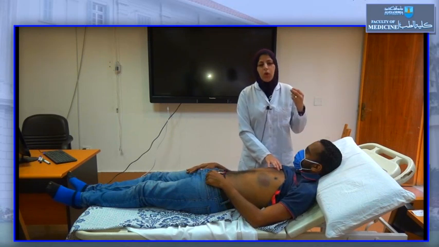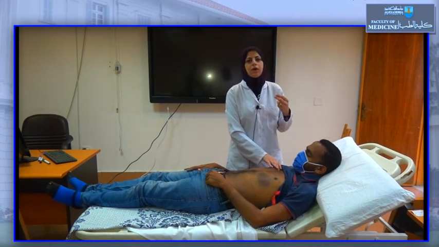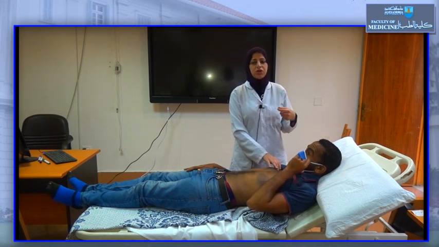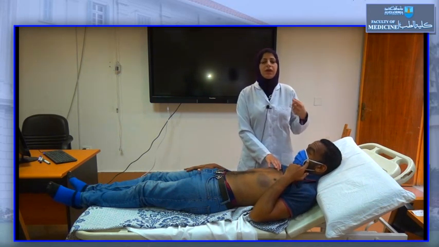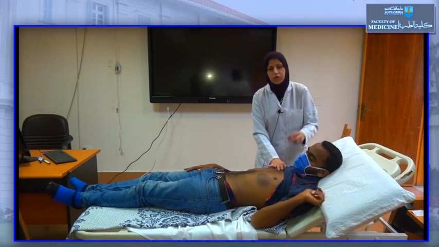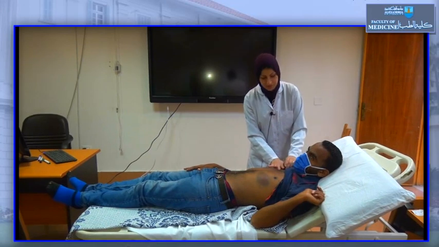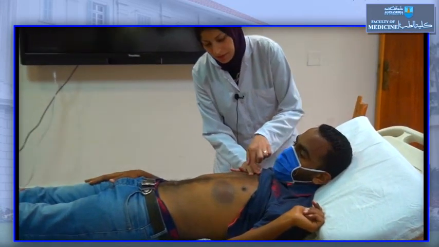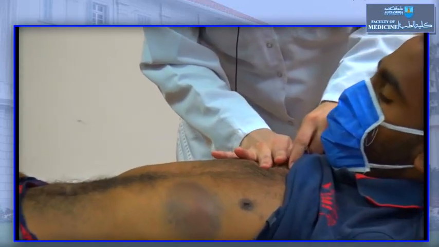By the way, all the percussion of the heart are heavy percussion, except percussion in the bare area, which we will take by light percussion. So we will percuss by heavy percussion to detect the upper border of the liver. We will start from the second intercostal space in the mid-clavicular line.